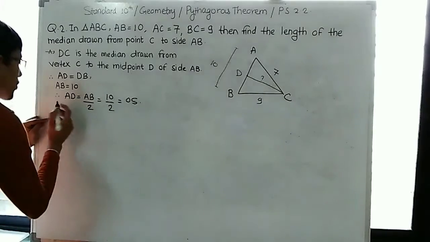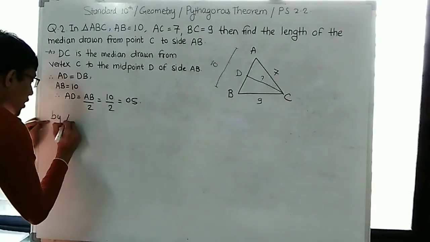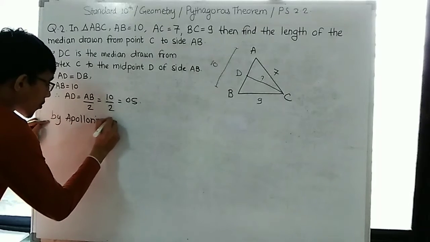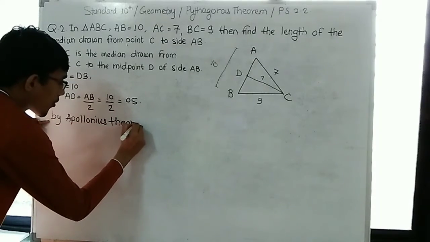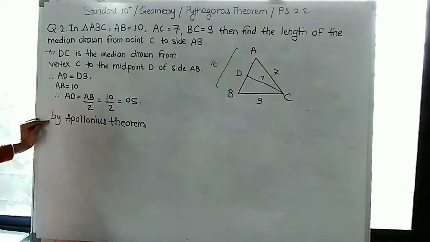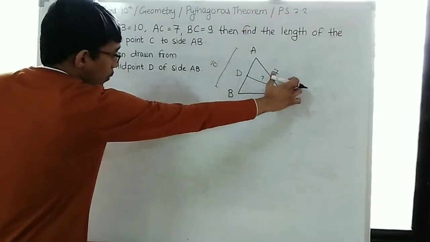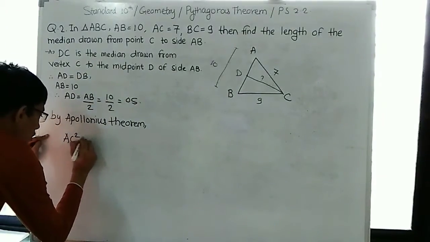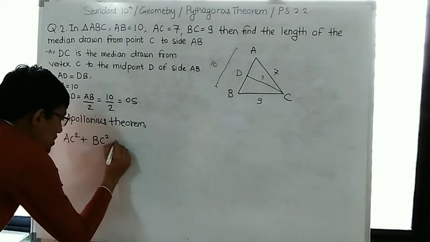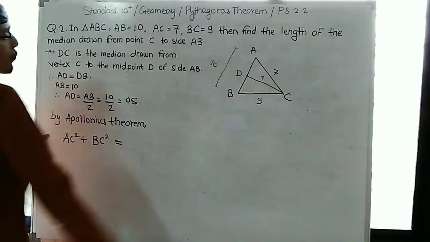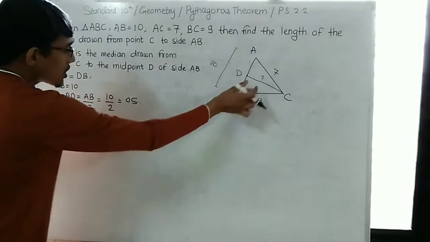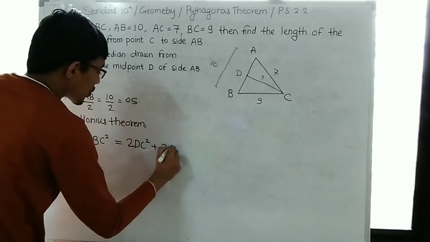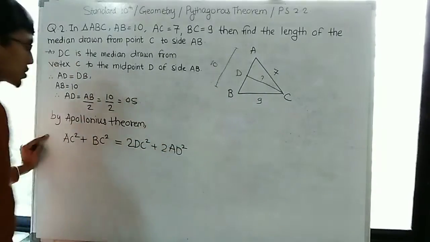Now by Apollonius theorem, what we can take? AC square plus BC square is equal to 2 into DC square plus 2 into AD square.